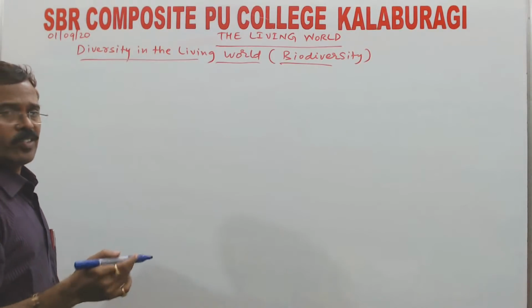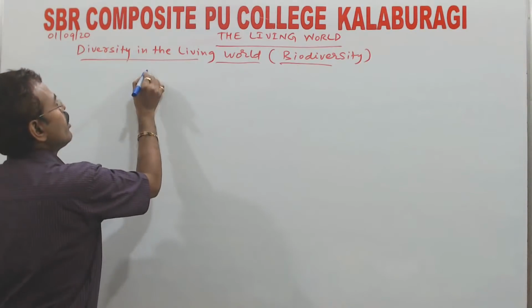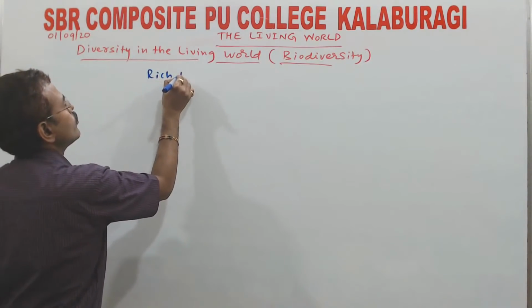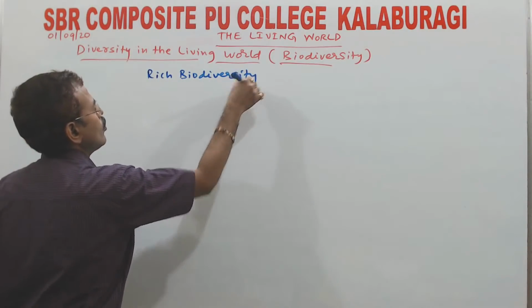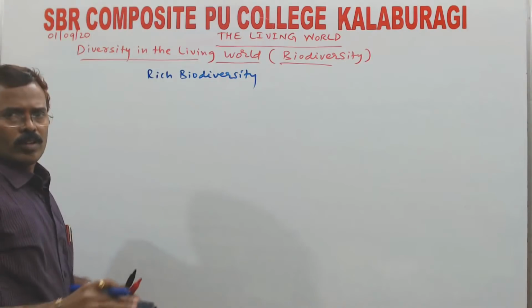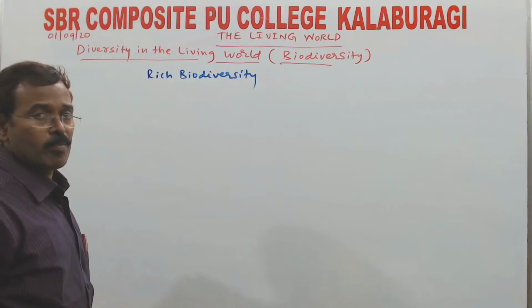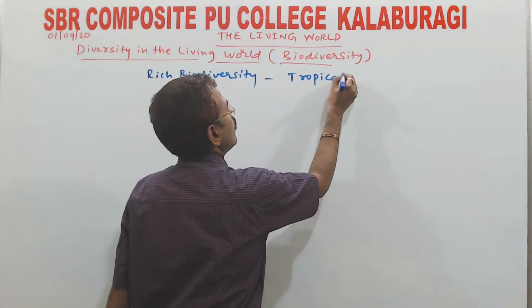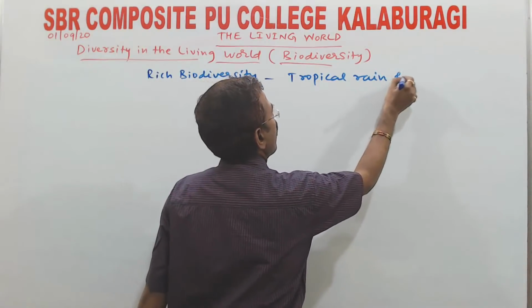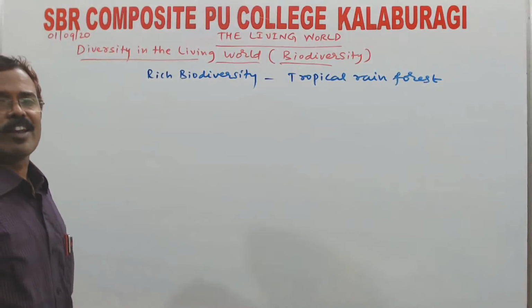So the rich species diversity, the rich biodiversity, the variety of flora and fauna, we find mainly in tropical rainforest.